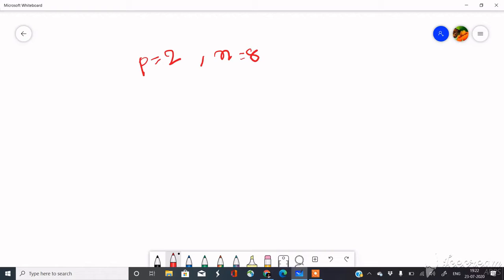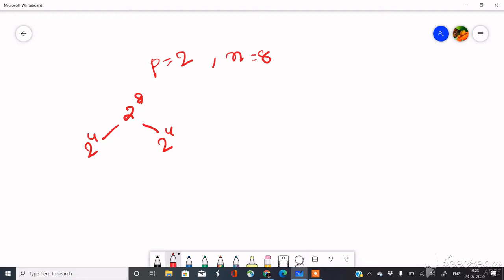What we want to compute is 2 power 8. This can be broken down into 2 power 4, 2 power 4. Why? Because 2 power 4 into 2 power 4 equals 2 power 8, right? This continues, and at the end we have 2 power zeros, right?